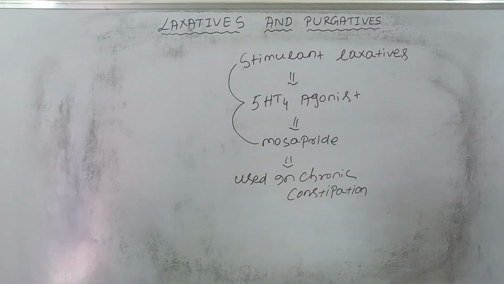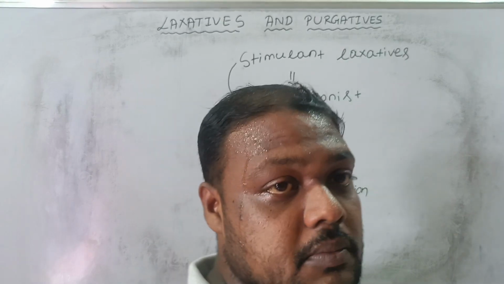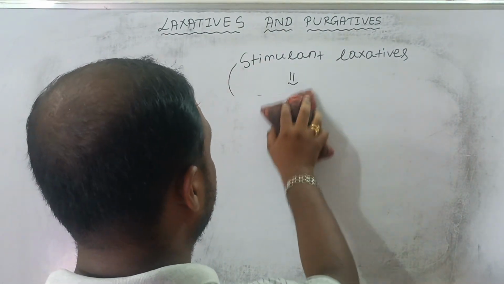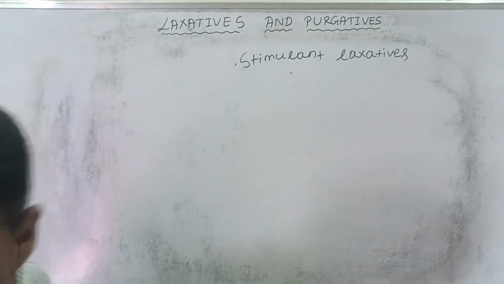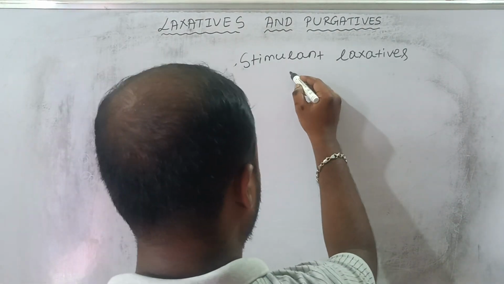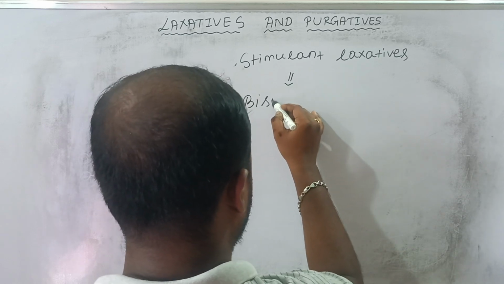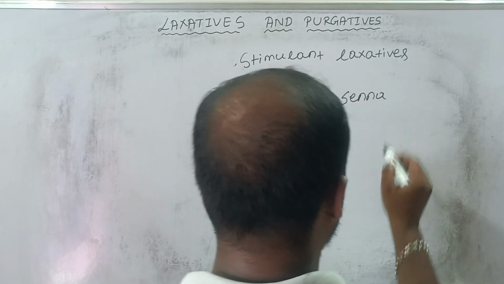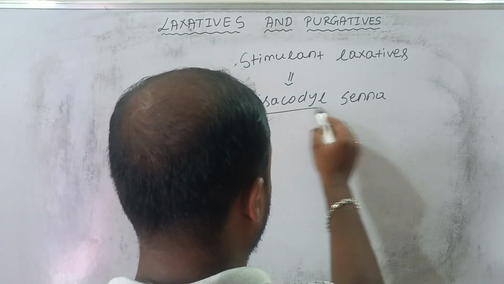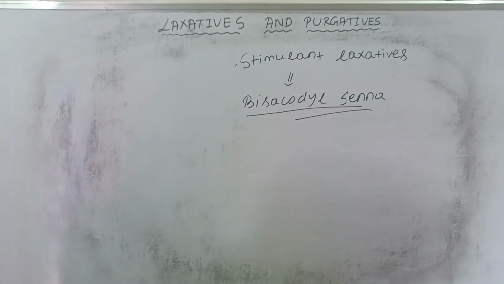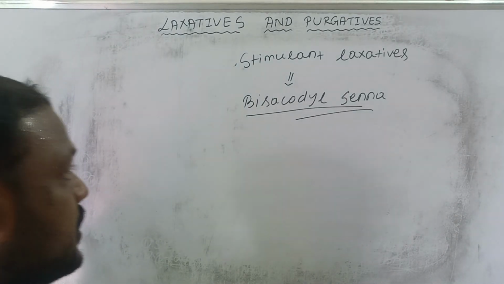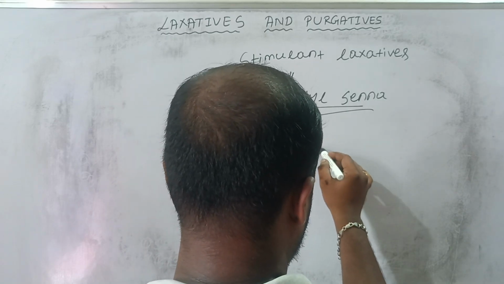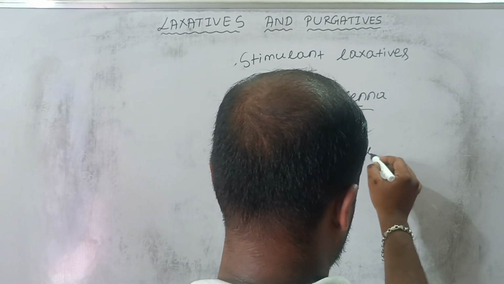Then another stimulant laxative is bisacodyl and senna. Bisacodyl is a stimulant laxative.